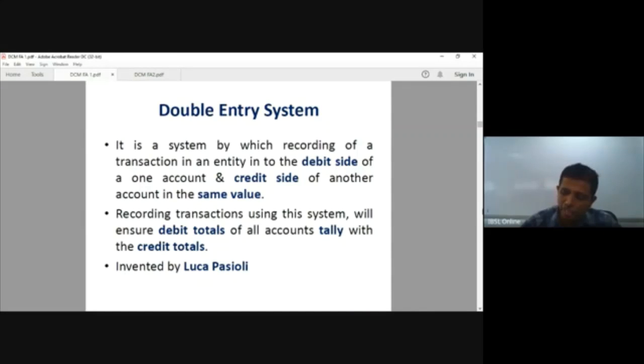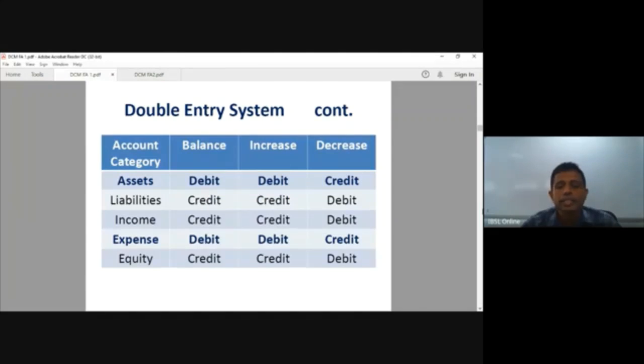Then Luca Pacioli said this is the system to follow. He said there are 5 types of accounts, namely assets, liabilities, income, expenses, and equity.